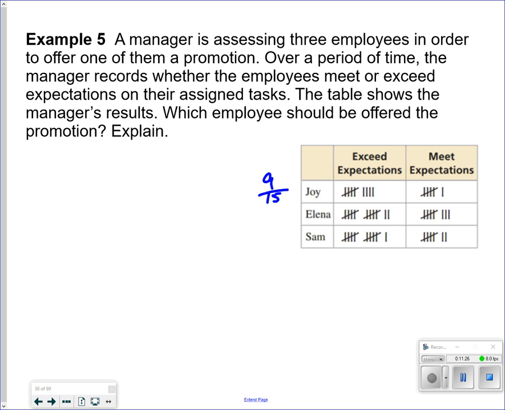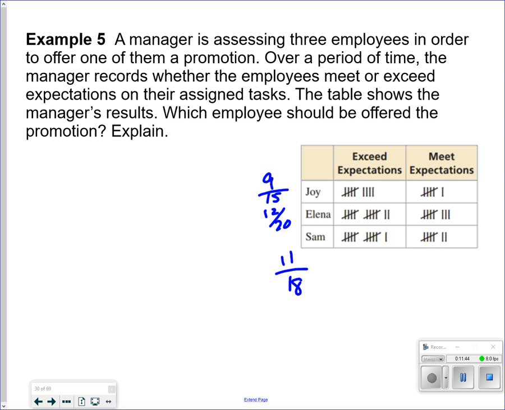Elena is 12 exceeds out of a grand total of 20. And then Sam has 11 exceeds out of a grand total of 18 evaluations.